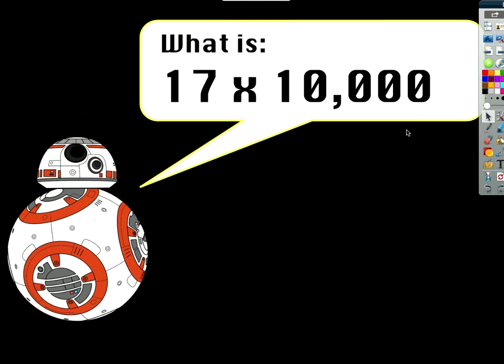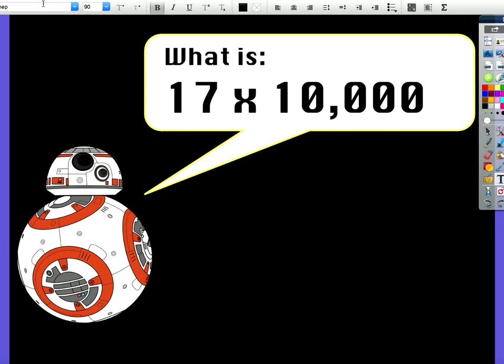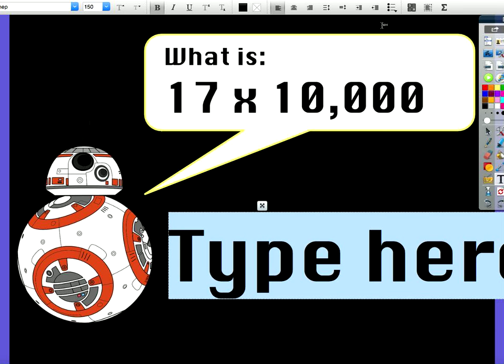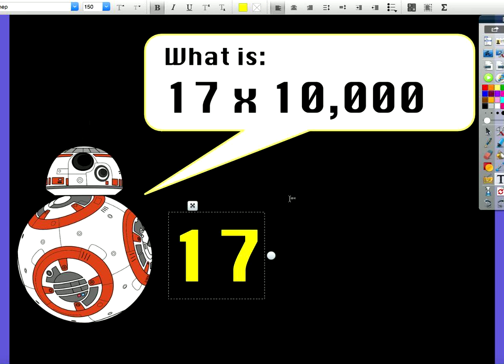So if you take a look at this one here, 17 times 10,000, in order to multiply this, all we're going to do is put the number first. So in this case, we're multiplying 17 times a power of 10. So we'll put 17 down. Then when you do times a power of 10, all you're going to do is count how many zeros are in that power of 10.